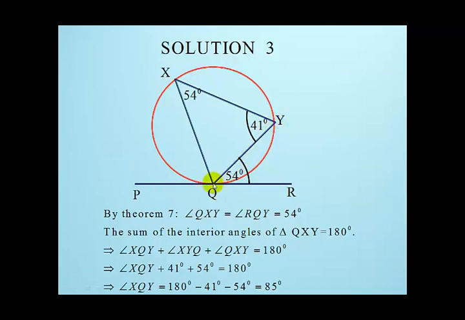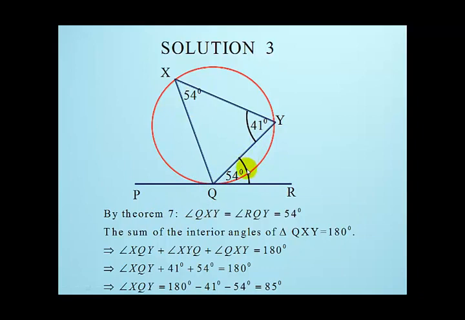The angle that the chord QY subtends at the point X on the circumference is 54, and so we know from Theorem 7 that the angle between the chord QY and the tangent line PQR are the same.